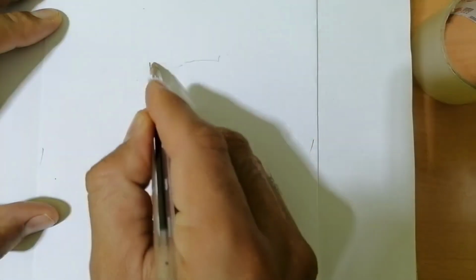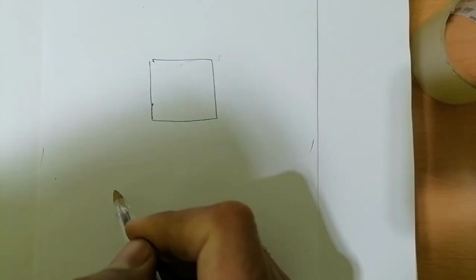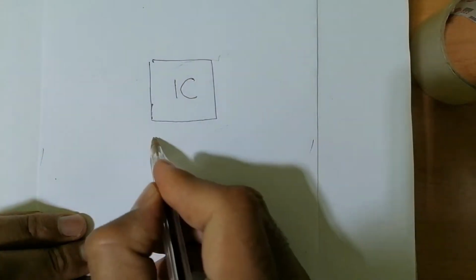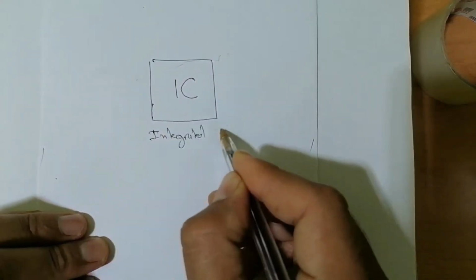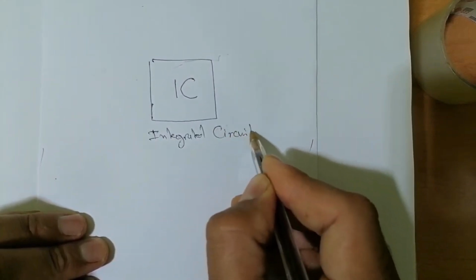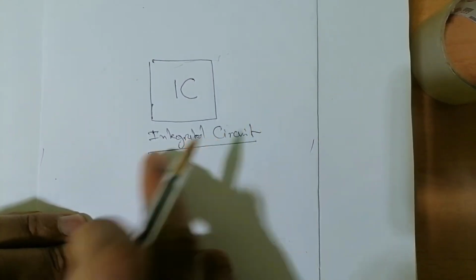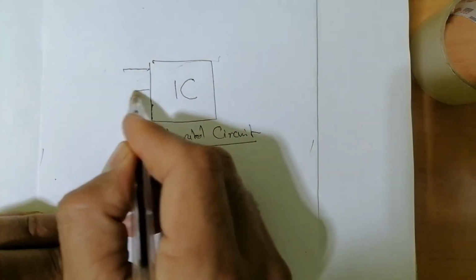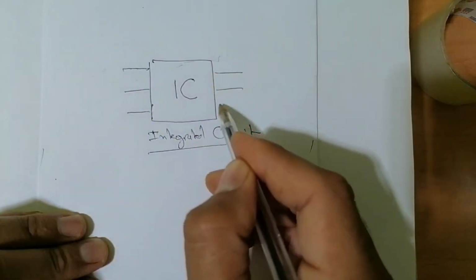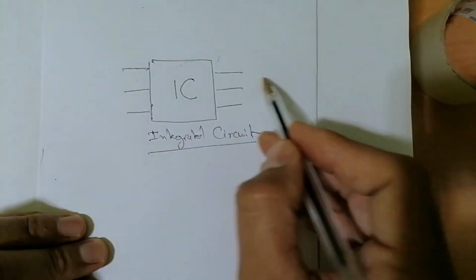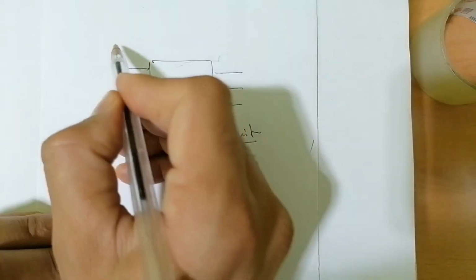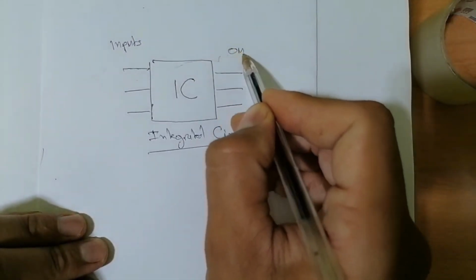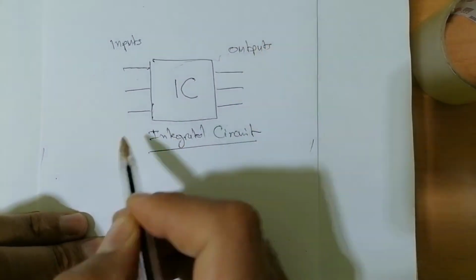So remember, guys, let's summarize a little bit. Here we have an IC, integrated circuit. This is for beginners. This IC has many pins, inputs and outputs. Here we have inputs, and over here we have outputs.